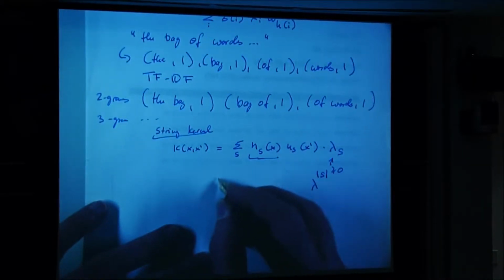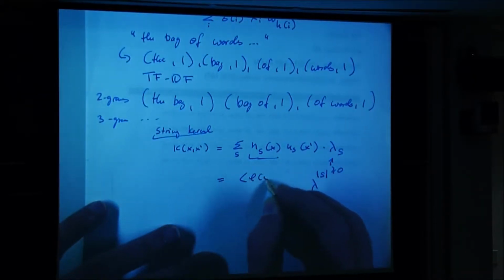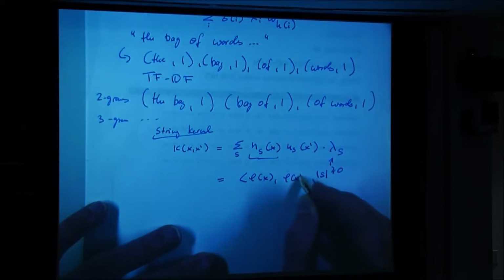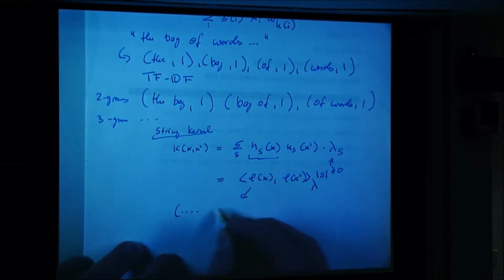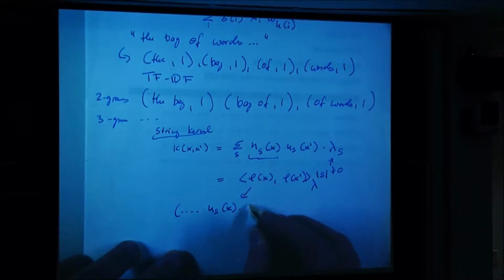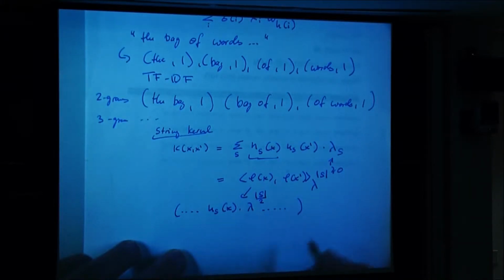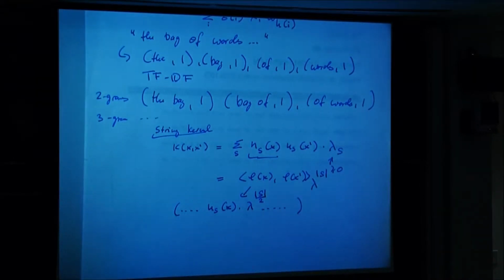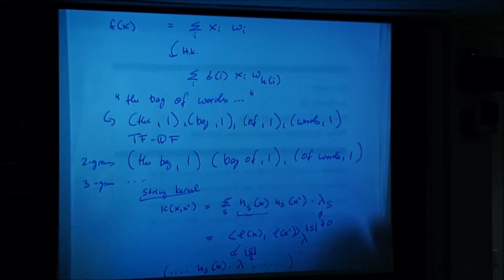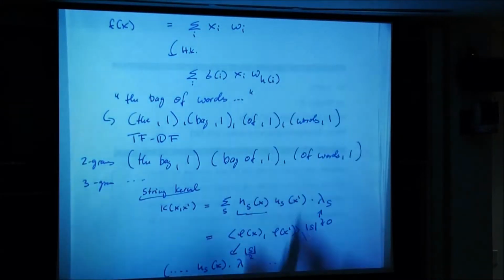So this is the inner product between phi of x and phi of x prime, where phi of x is basically that long vector of n_s(x) for all different s's times lambda to the |s| over 2. Right? You can see that with these feature vectors you get an inner product. And then you resort to hashing, so you use this idea up here to compute this efficiently.